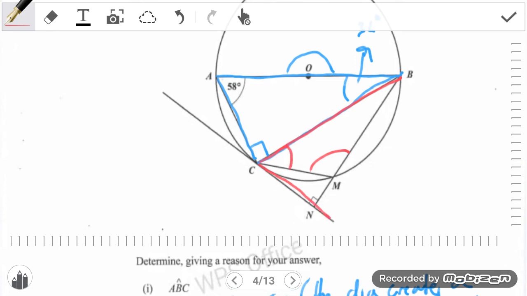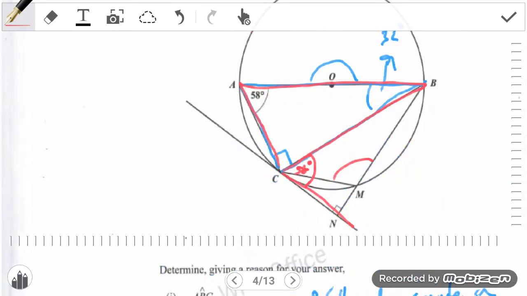So this angle here is created. Now that very same chord creates an angle up here, which is equal to 58 degrees. So this angle right here is actually 58 degrees. Let's make a statement for that.